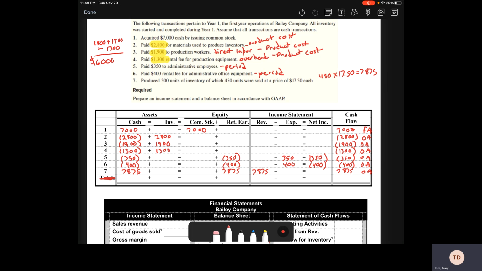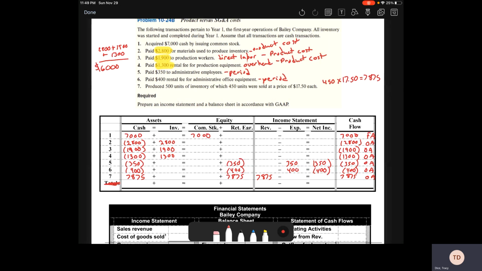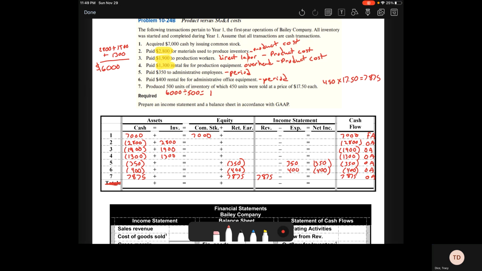So we had $6,000 worth of expenses to produce 500 units. So to find out our per unit cost, we take 6,000 divided by 500. We should get $12 per unit. So our cost of goods sold is $12 per unit.